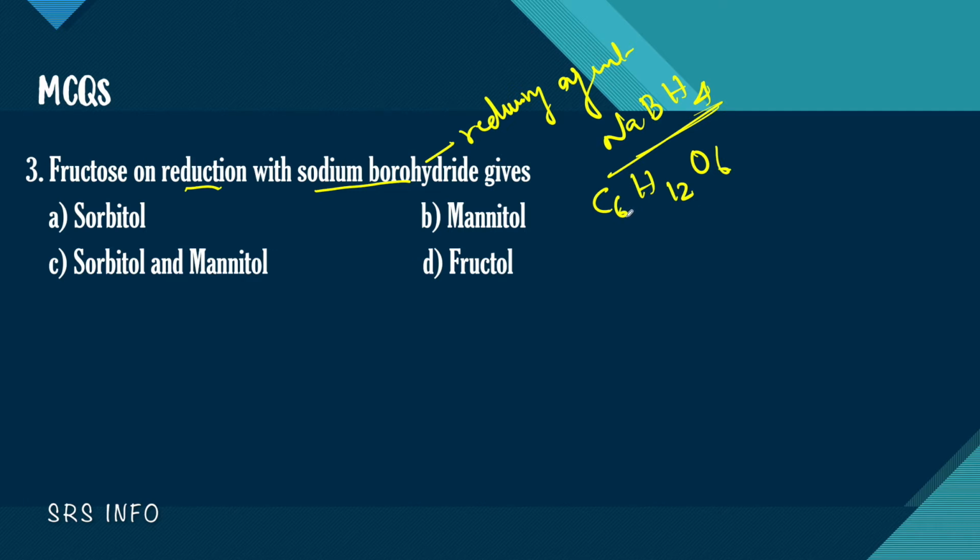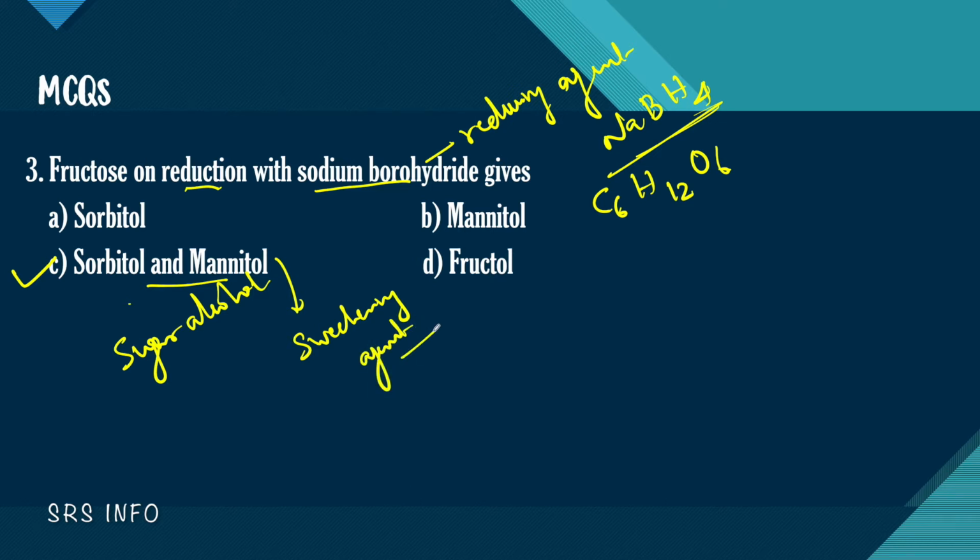When fructose is reduced by sodium borohydride, it gives sorbitol and mannitol. And both sorbitol and mannitol are sugar alcohols. Mannitol is used as a sweetening agent, especially for food prepared for diabetic patients. Okay, mannitol is also used to decrease the pressure in the eyes.